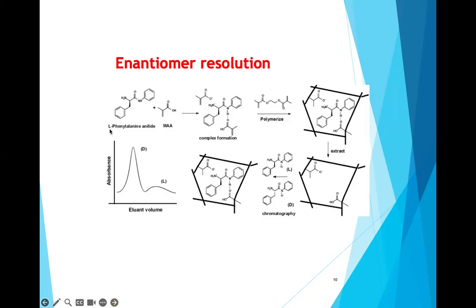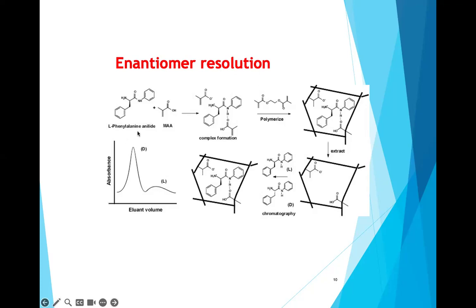So this is an example of L-phenylalanine anilide. You have learned about enantiomers, yeah? I'm not good in organic chemistry, so I don't remember because I have left organic chemistry for quite some time.